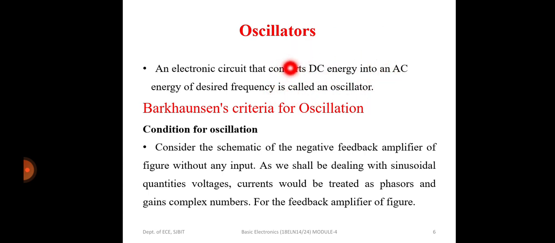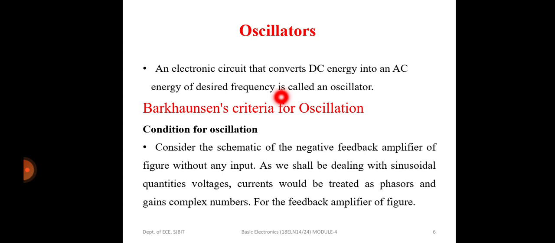So whenever we apply the input, this produces a repetitive waveform at the output without the application of an external input signal. Before going into the different types of oscillators, let us discuss the classification of oscillators.